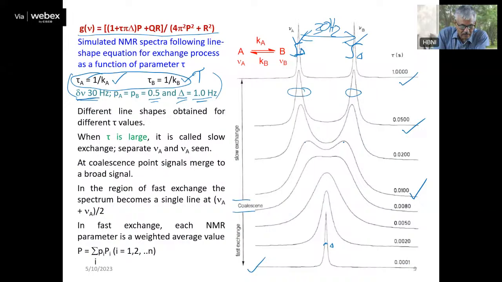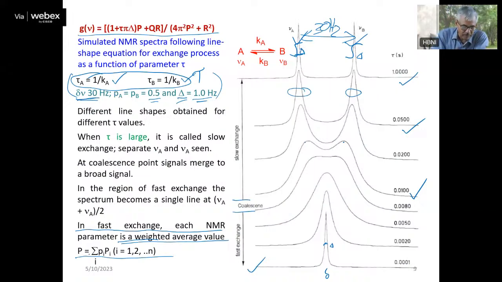In case of fast exchange, this NMR parameter, here I am talking about the delta value, is the weighted average value contributed from all possible components.